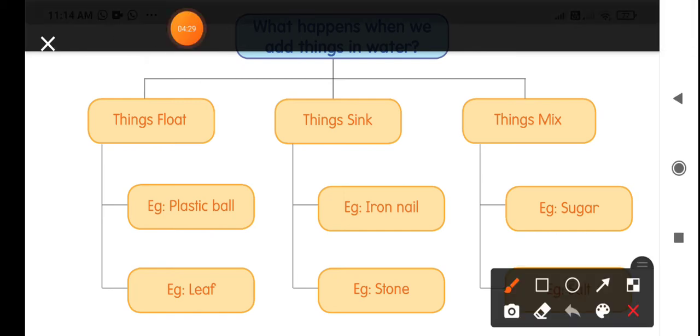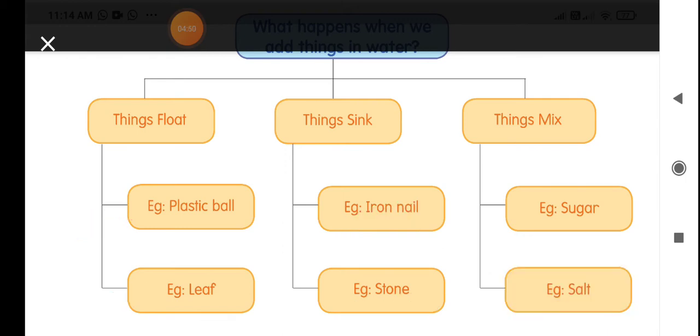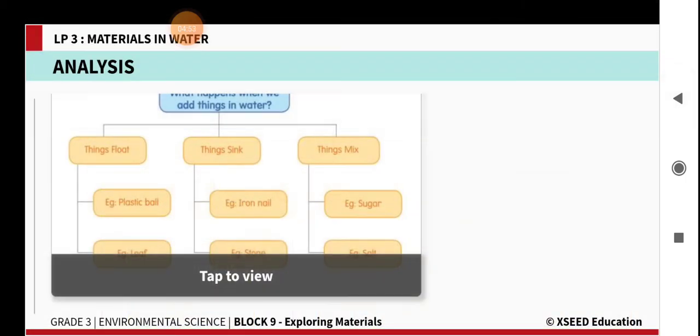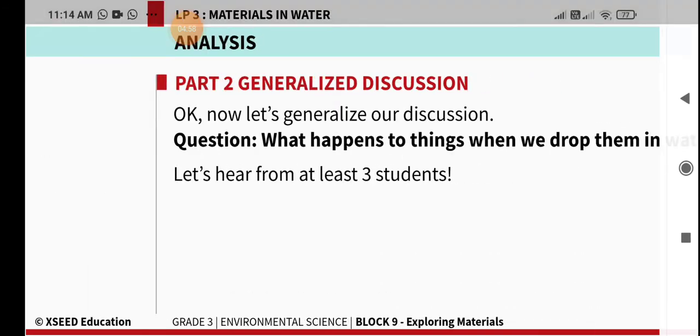Plastic ball and the leaf both are floating. And things which are sinking like iron nail and the stone, which are heavy, they sink, and which are light in weight, they are floating. And some things will mix up in the water, right? So by doing this activity you can understand different materials will show different properties with water.